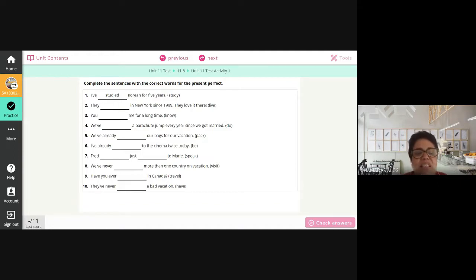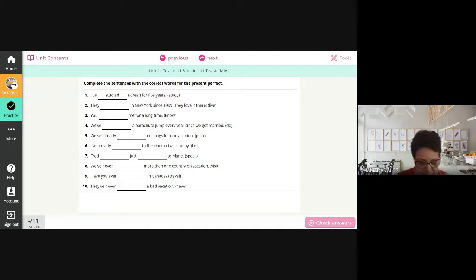Now let's do the next one. Here I need to include the auxiliary because there is no auxiliary. So which auxiliary should I use here for the pronoun they? Should I use have or has?